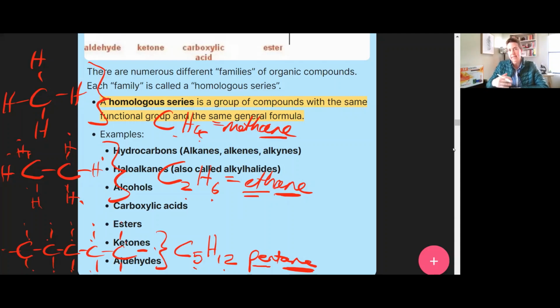You may only multiply first of all and then tweak from there. So you can maybe double it up. If you double up 1, you get 2, but there's 4 hydrogens. So, okay, let's add 2. If I take the number of carbons, double it, and then add 2, I get the correct formula for methane.